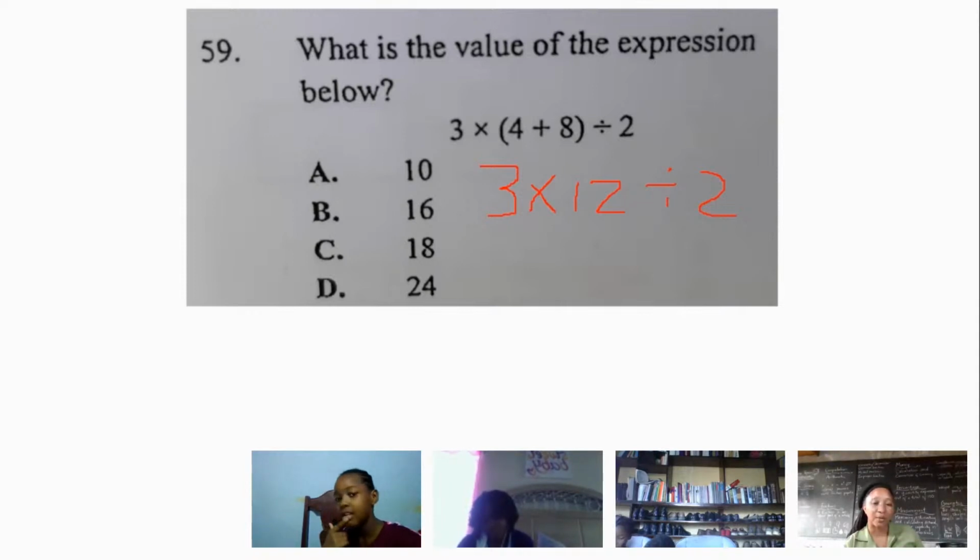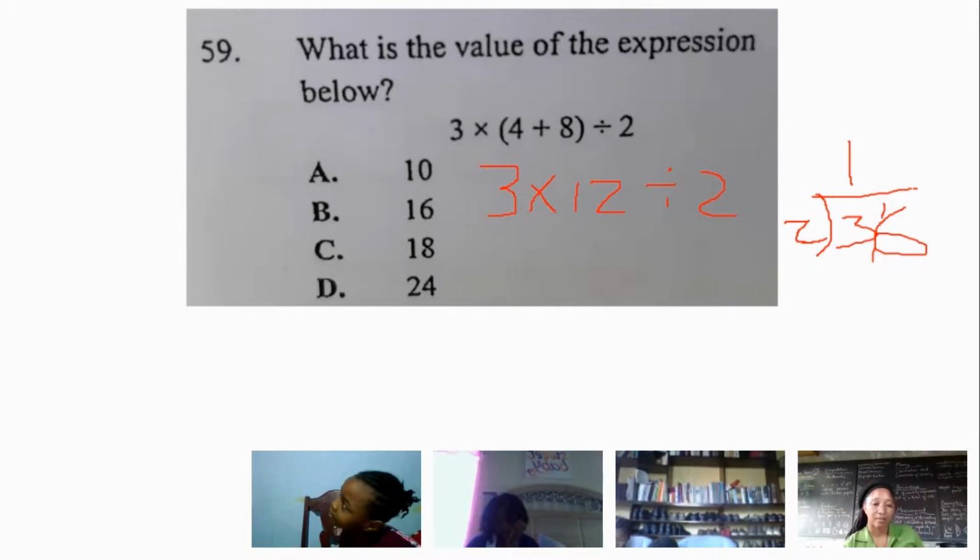So set it out. 36 divided by 2. 2 into 3 goes 1 time, miss. You can get 1 two out of 3. Remainder 1, miss. And 2 into 16.